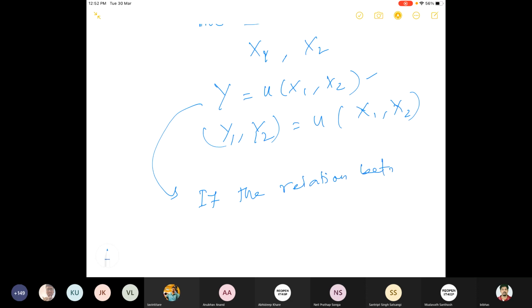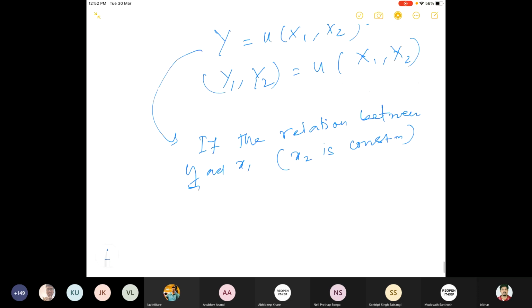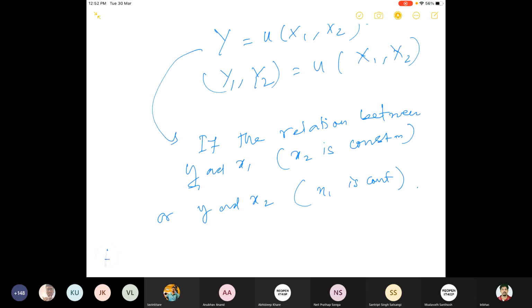So if we consider the relationship between y and x1, where x2 is constant, or between y and x2 when x1 is constant, then we can find the relation between y and x1 and apply the single variable rule, theorem 1 basically.